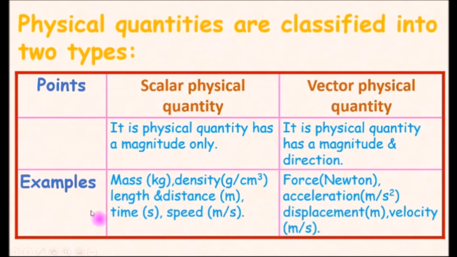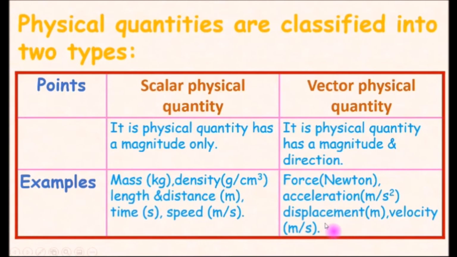We can notice that length, distance, and displacement, the three physical quantities, have the same unit, meter, but length and distance are scalar physical quantities, while displacement is a vector physical quantity. And velocity, which is meter per second.